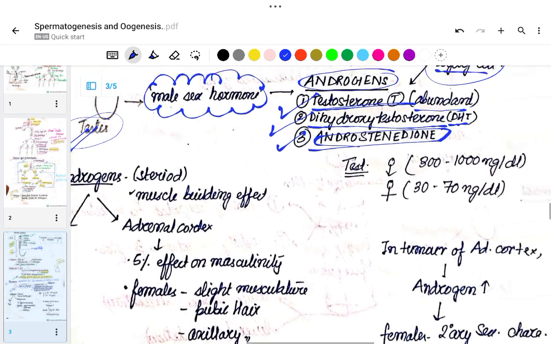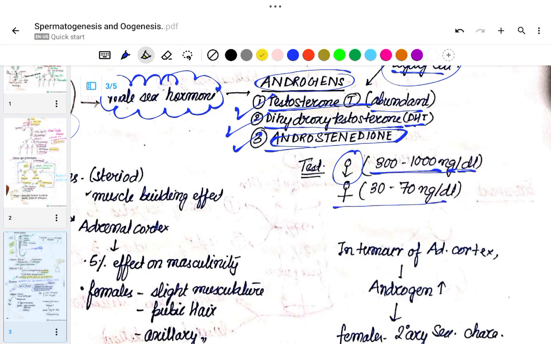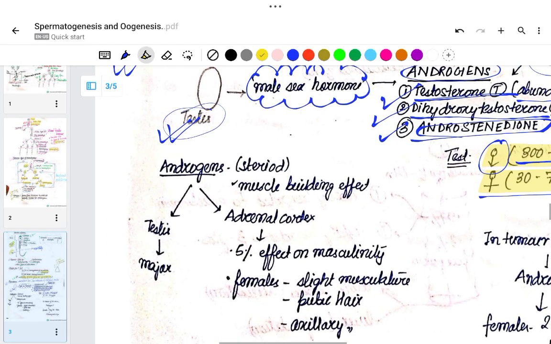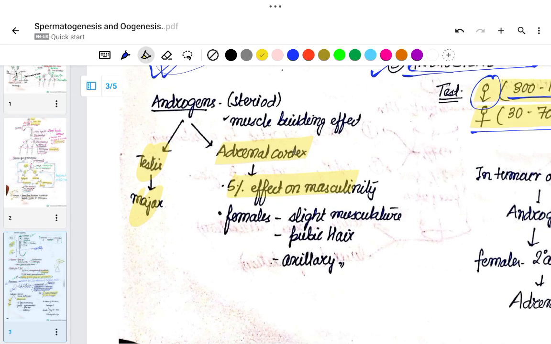In males, the level is about 300 to 1000 nanograms per dl. In females it is 30 to 70 nanograms per dl. Androgens are mainly from the testis, and the adrenal cortex contributes about 5%. In females, this gives slight musculature, pubic hair and axillary hair.